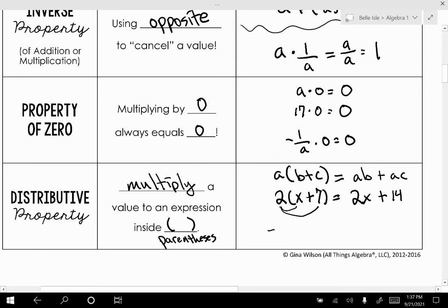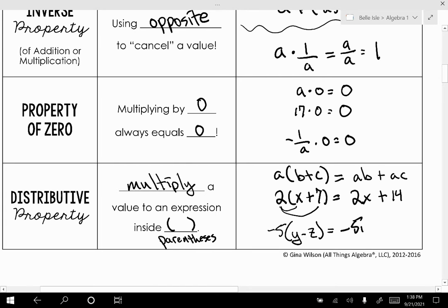Okay, let's look at another example. So we've got negative 5 times y minus z equals what? Write it down. Okay, somebody let me know.